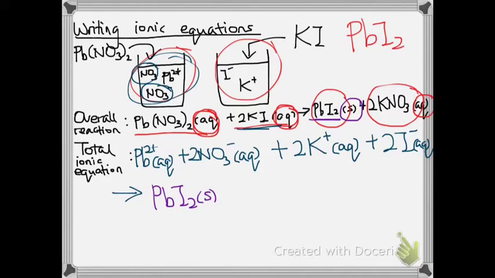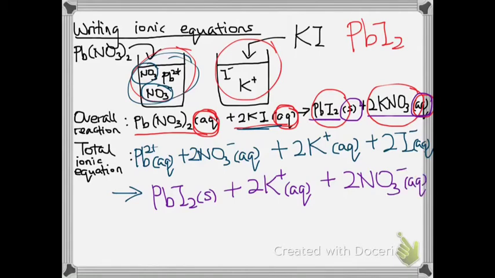Next, we look at potassium nitrate. It is an aqueous solution, therefore it will also split up in water. And this will give you 2K+ in aqueous solution and 2 nitrate ions aqueous as well.